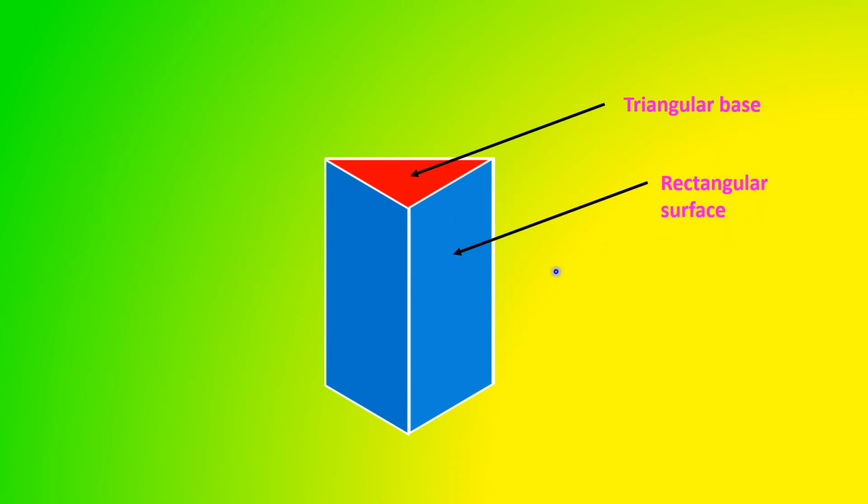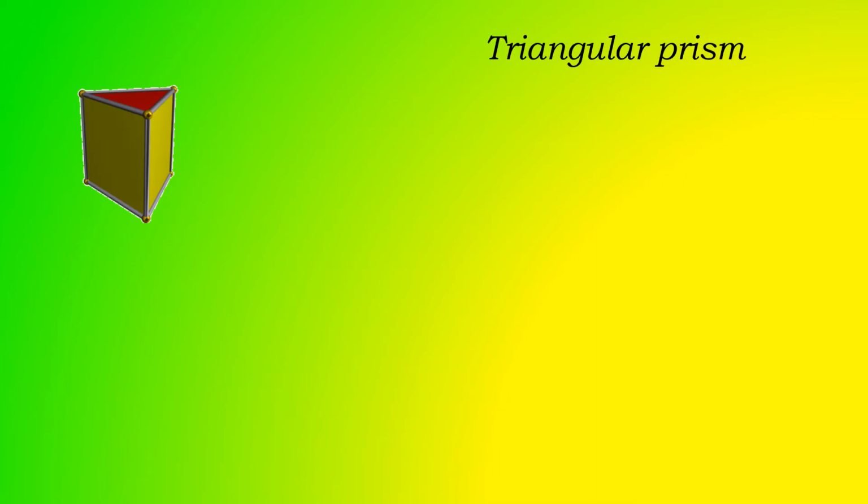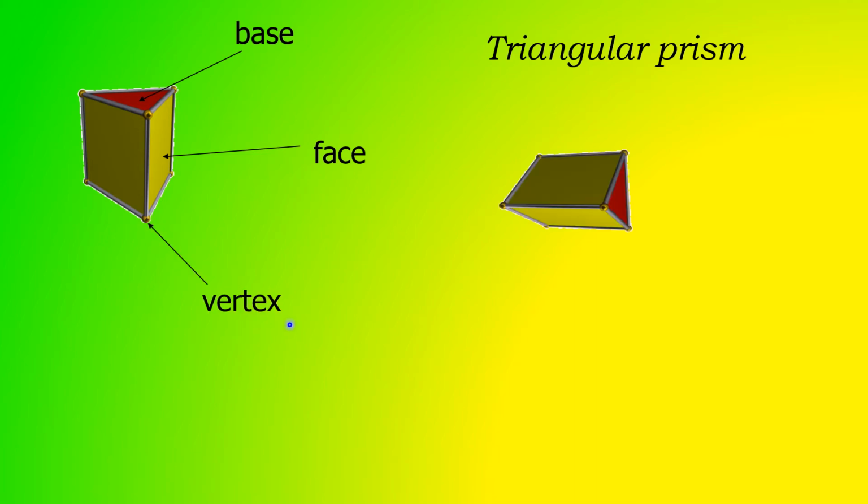So a triangular prism has three rectangular surfaces and two triangular bases. See once again here. So it is called base, and this is called face, and this one is called vertex. Okay, vertex, corner.